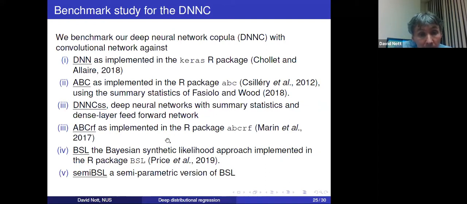We also look at quantile regression forests implemented in the abcrf package, and again we tune tuning parameters using cross-validation. For looking at the real data, we also looked at some Bayesian synthetic likelihood-based approaches.